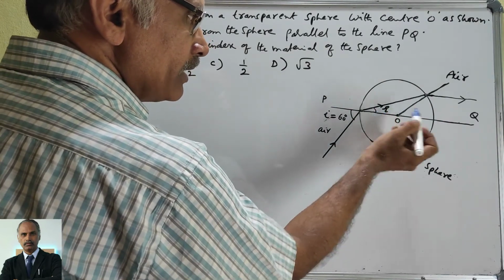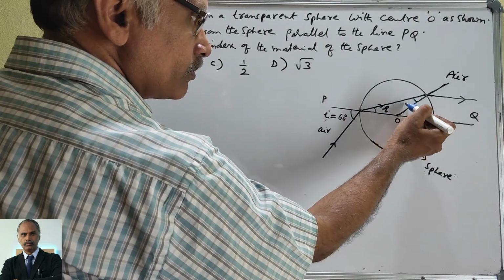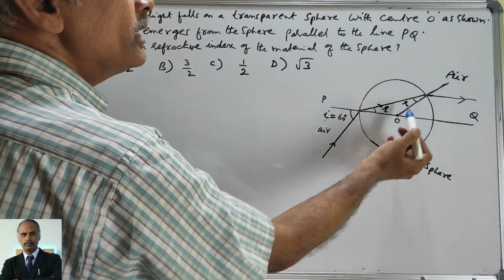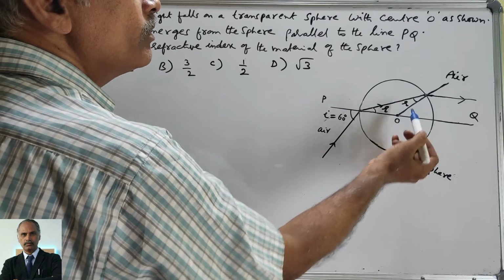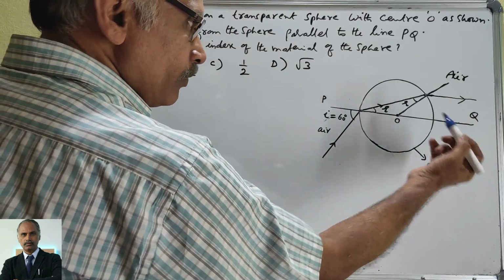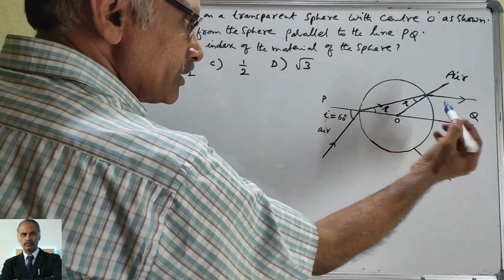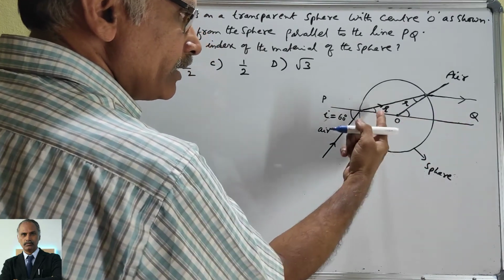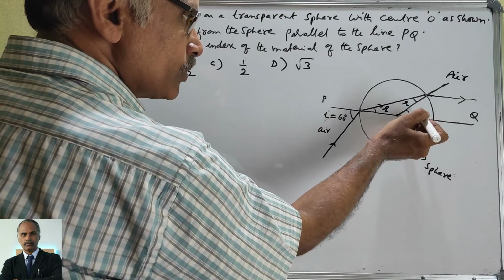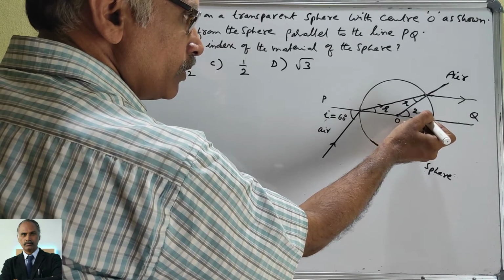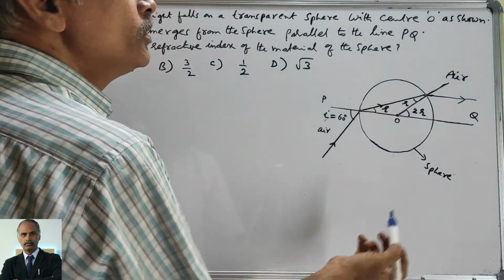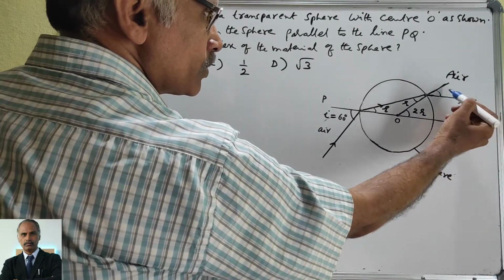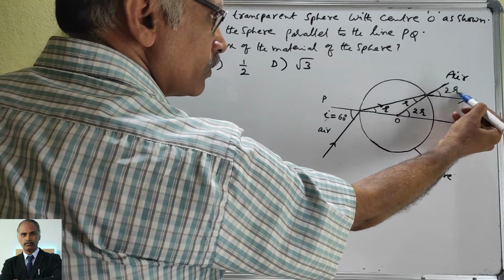So if this angle is R, this angle is also R, because this side and this side are equal for this triangle. Now once again, this is R and this is R, then this is the exterior angle of this triangle. Exterior angle equals the sum of the opposite interior angles. So this is 2R. As this angle is 2R, this angle is also 2R.